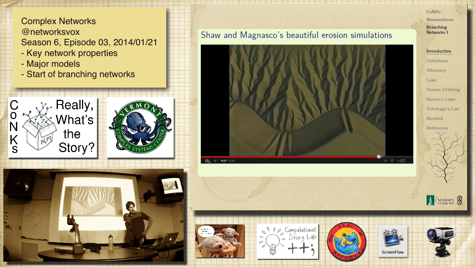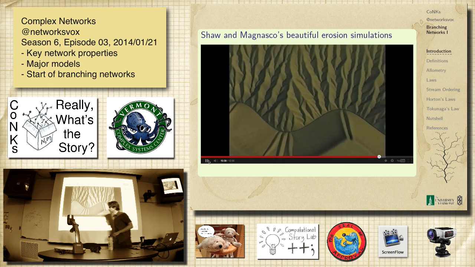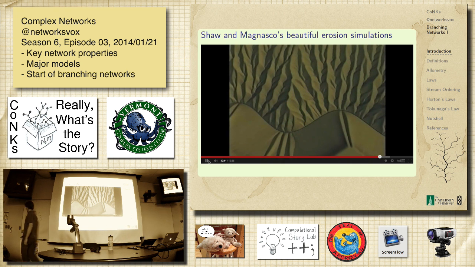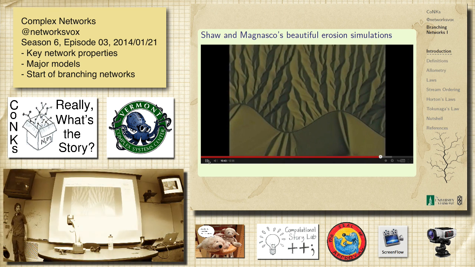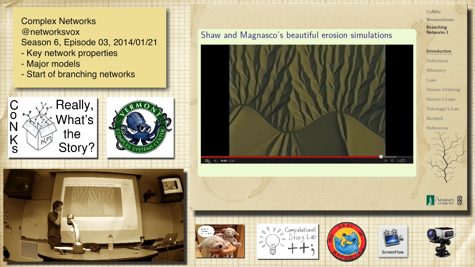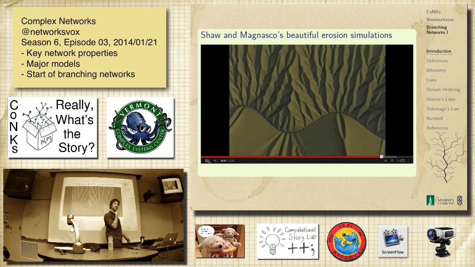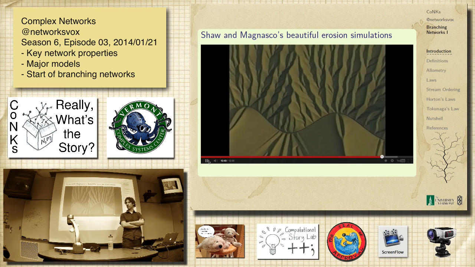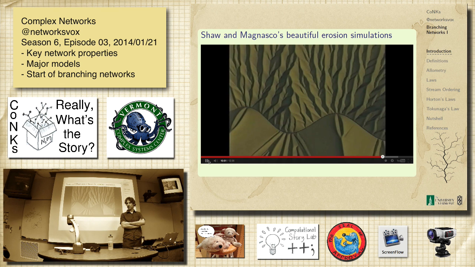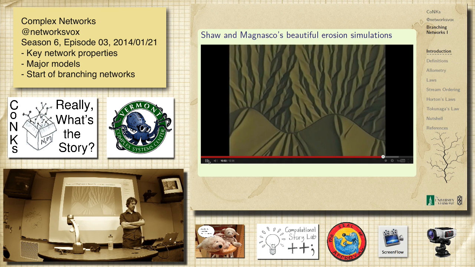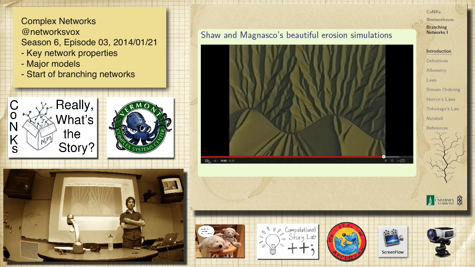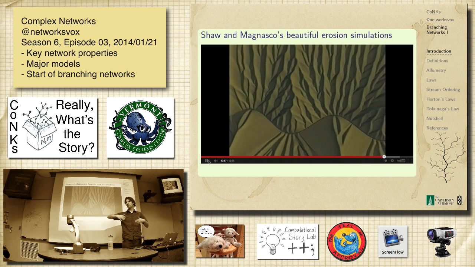So I think that's probably a good place to stop. We'll tackle this problem of what do you measure about this thing that might help you see that it's similar to the real world, claim that it's the real world. Dynamics are a big problem, right? You have the river network, you have the Mississippi.